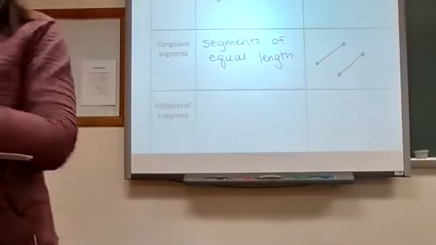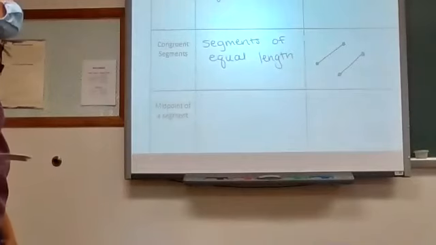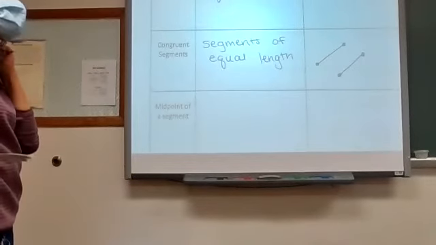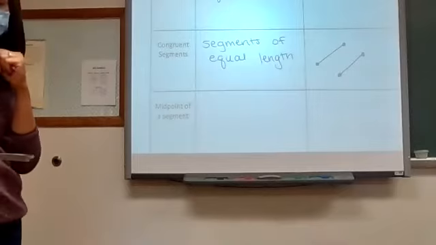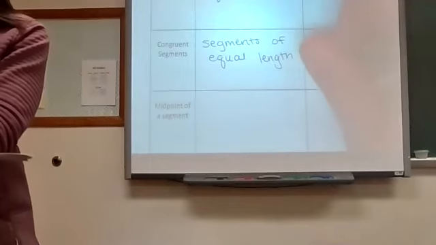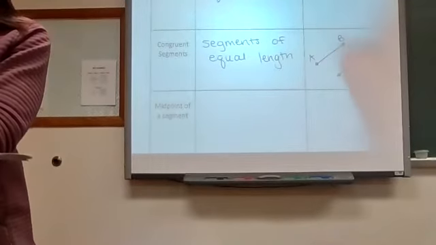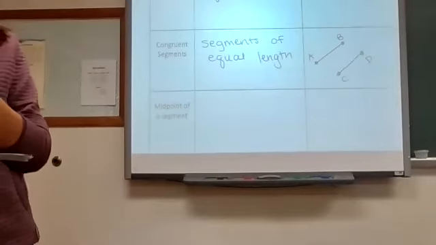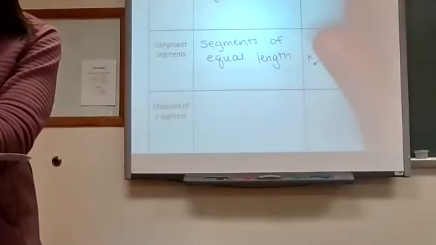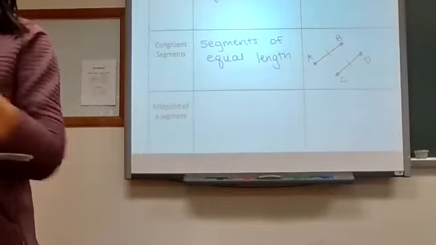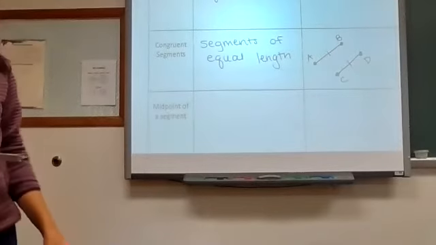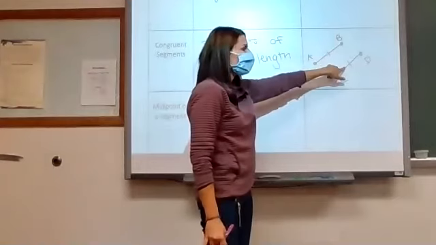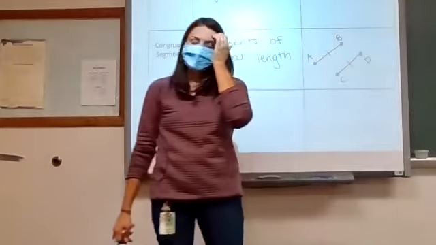I'm doing my best to show two segments that are the same length. They don't have to be going the same way either. The way that we mark congruency is with what's called tick marks. So I can say these are congruent segments, and I can see that they're congruent because they're marked with the same tick mark.